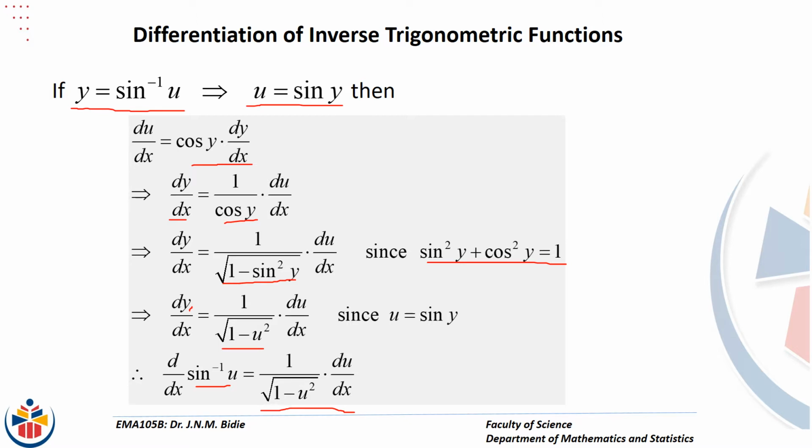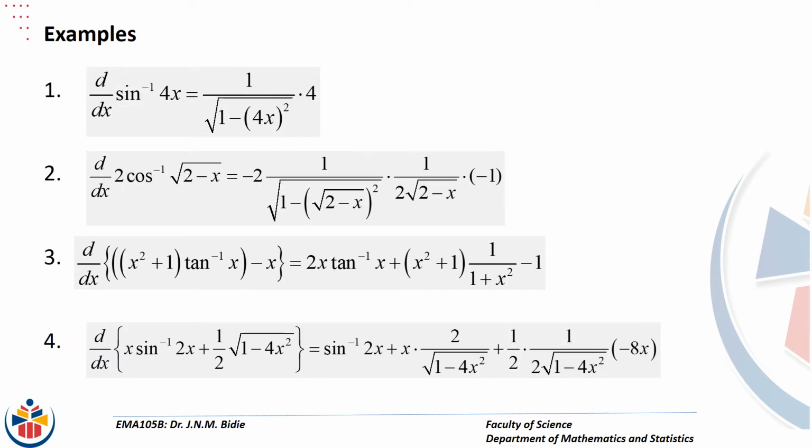We can use this format to prove also the derivative of other inverse trigonometric functions. If we continue like this, we can then find the derivative of arcsine of 4x.